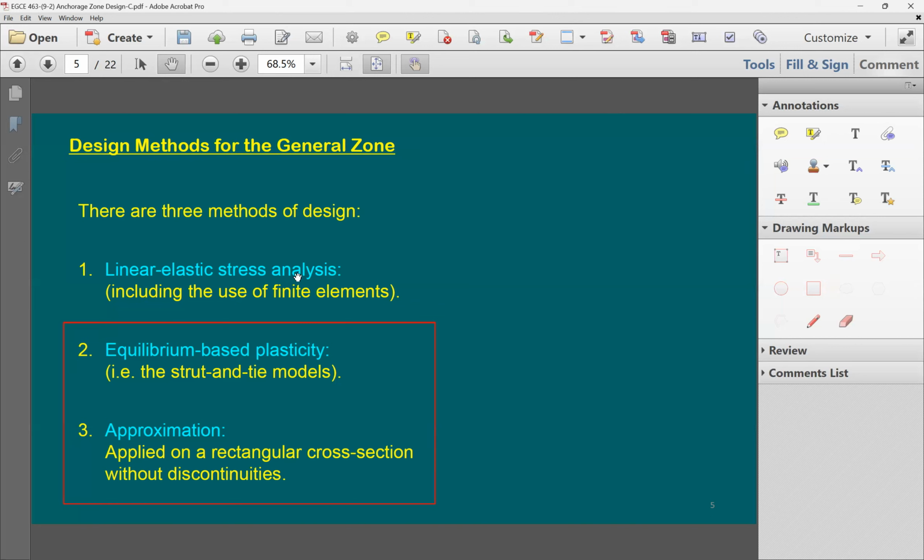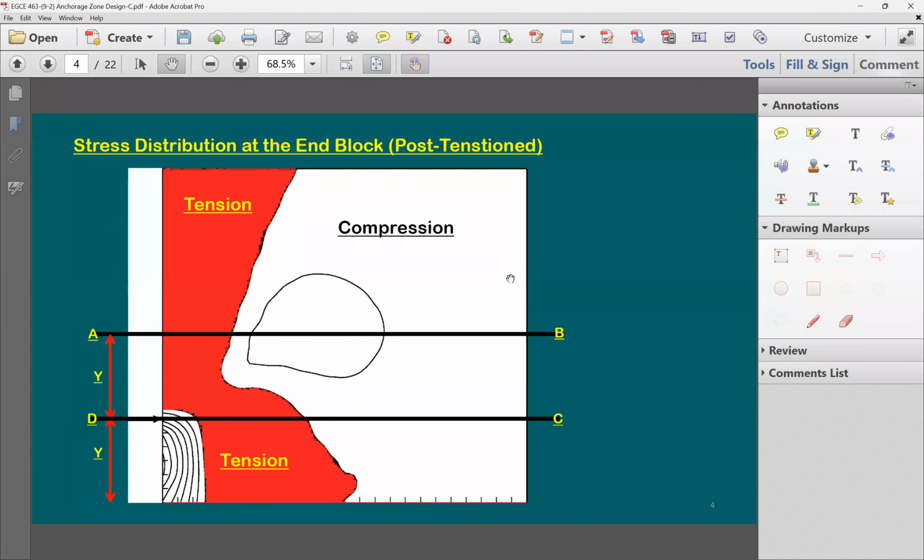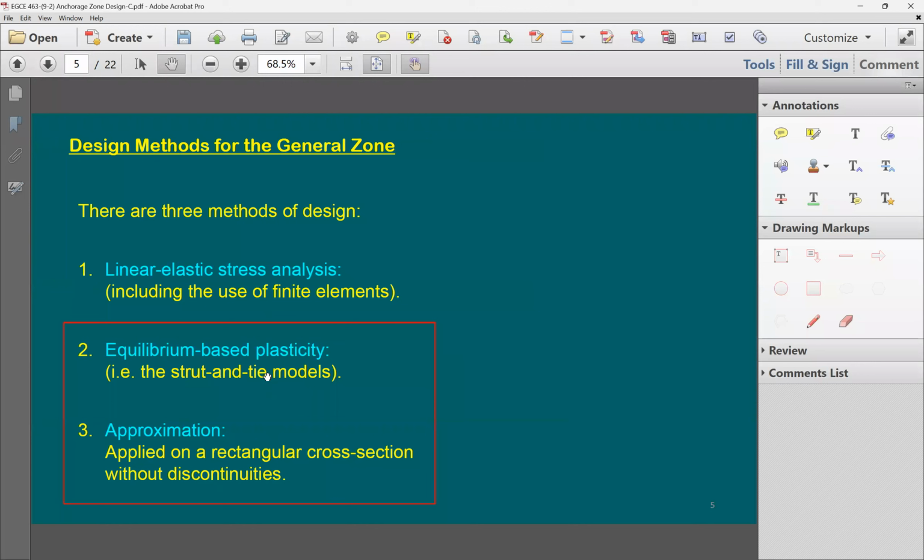But the code doesn't have a lot to say on this method. You can just pick any method as long as you're able to do a decent and rational method to find out the forces in the y direction of the beam, like in here, for example. Again, these two are prescriptive methods, you have equations for them in the code, and you can just use them from there.